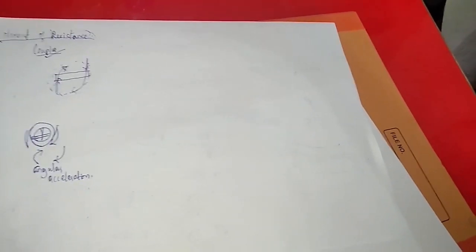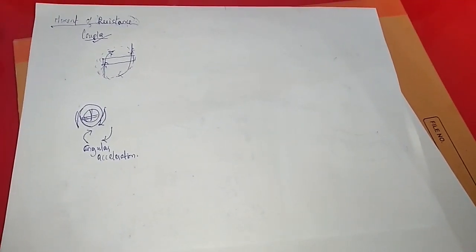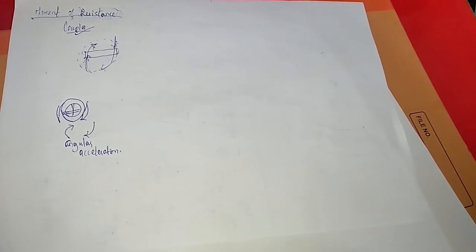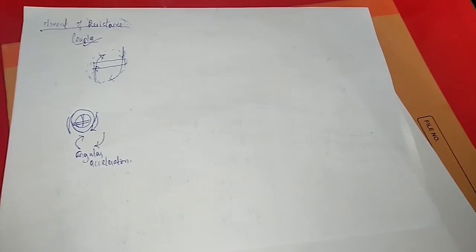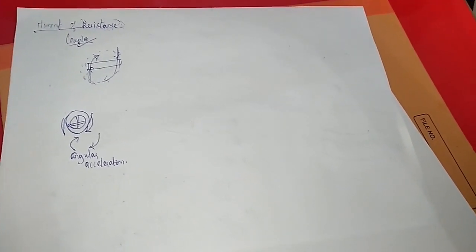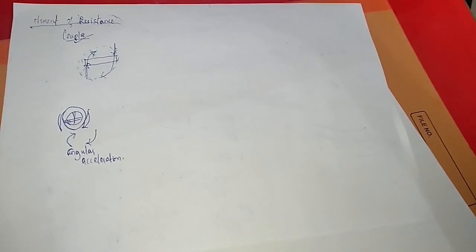That is known as moment of resistance. You understand? So I will give you the definition: the moment of the couple which resists the external bending moment is called the moment of resistance.